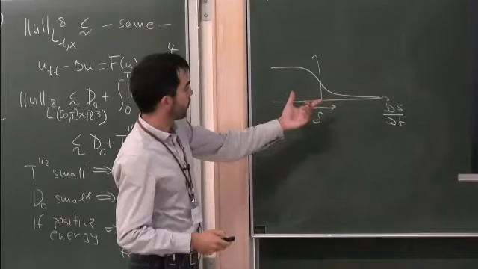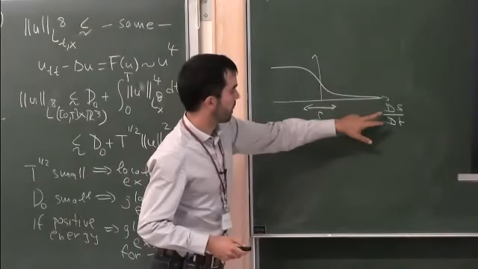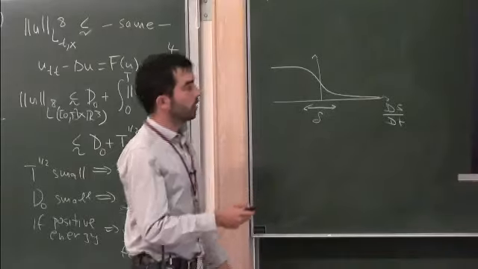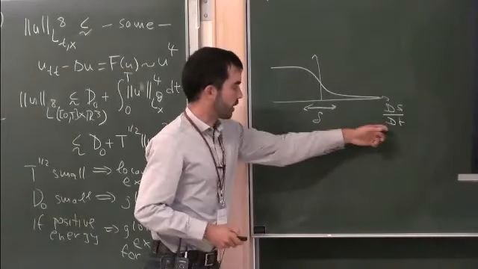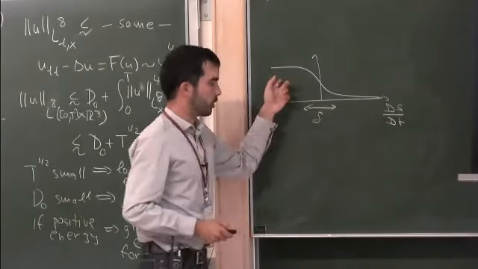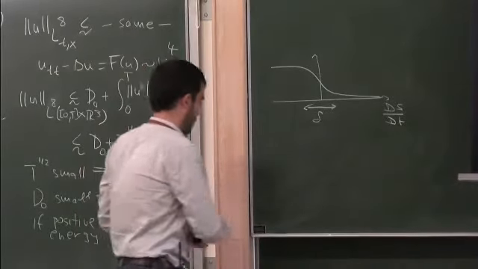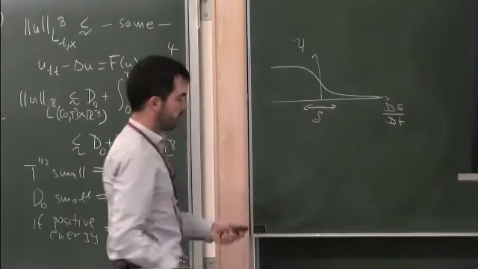It's expected that it's quite sharp for bacteria. They really make a strong difference between increasing chemoattractant, when it's positive, and decreasing chemoattractant, when this is negative. So they are really able to make a clear difference between these two. So psi is expected to be a sharp, a stiff function.